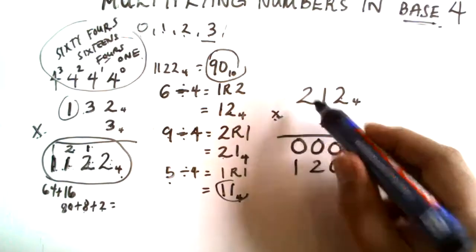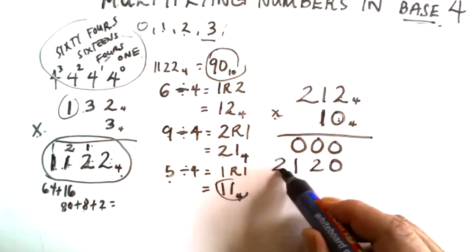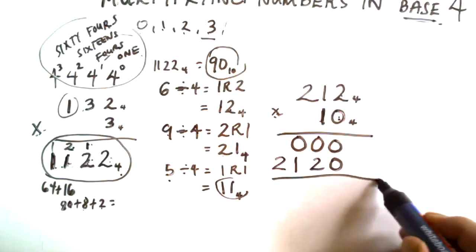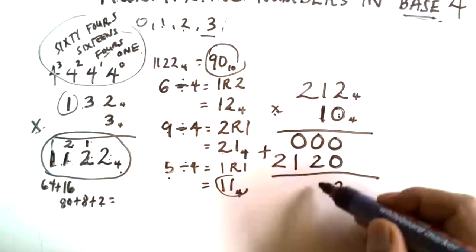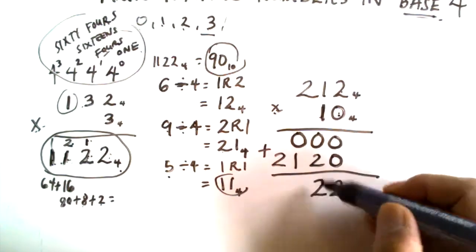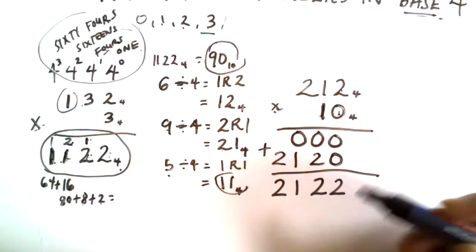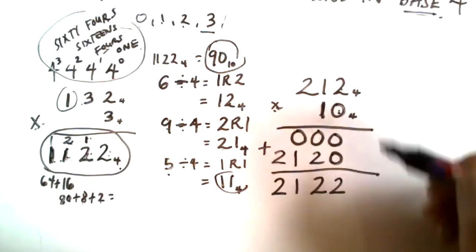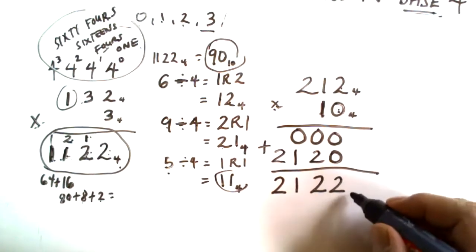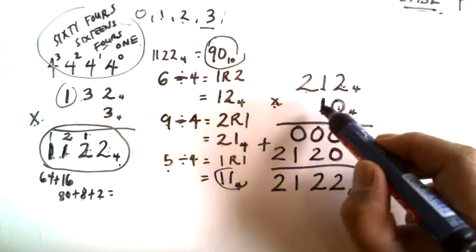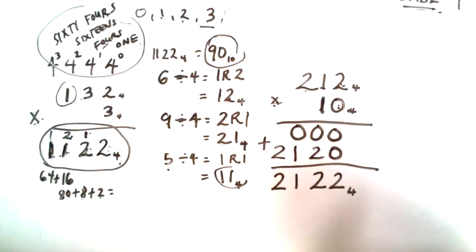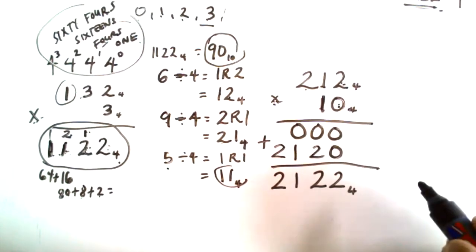And 1 times 2 is 2. It's quite straightforward. Then we add those. We have 2, 1, 2, 0. It's so straightforward when it's a double digit sometimes. So 212 times 10 is this.